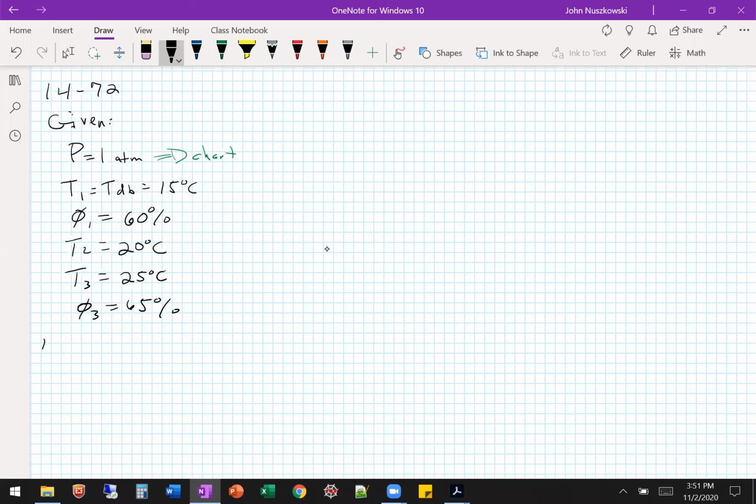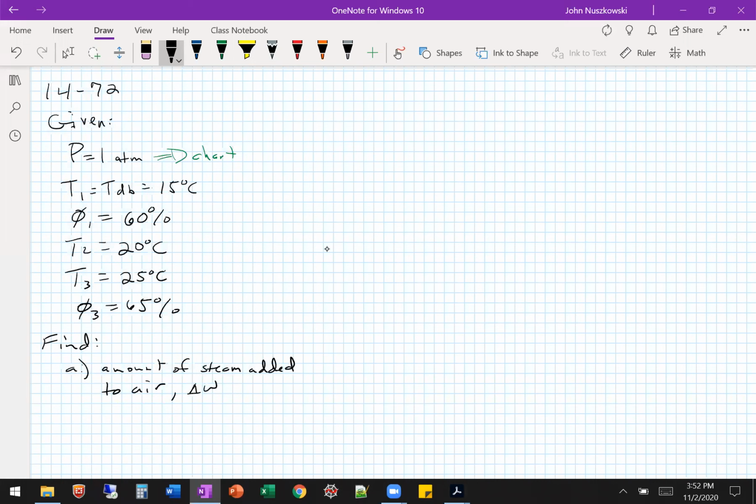Okay. They want us to find part A, the amount of steam added to the air. And that ends up being, we'll see how to label this.